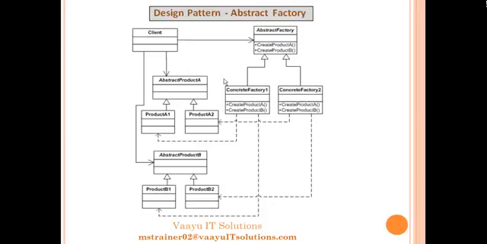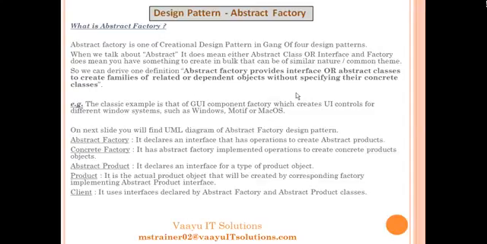They will be abstract product A with product A1 and product A2, and abstract product B with product B1 and product B2. This abstract factory is not creating anything, it is giving the responsibility to create everything to the concrete factory. The abstract factory declares an interface that has operations to create abstract products.